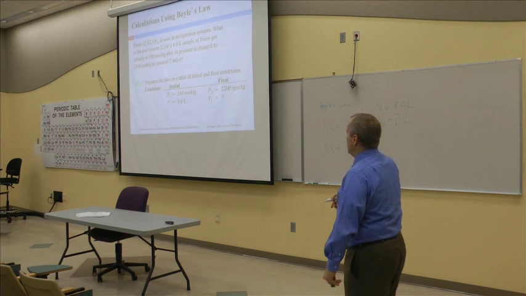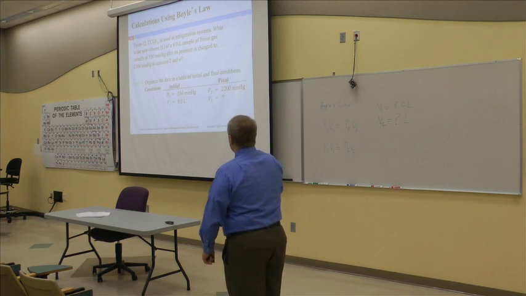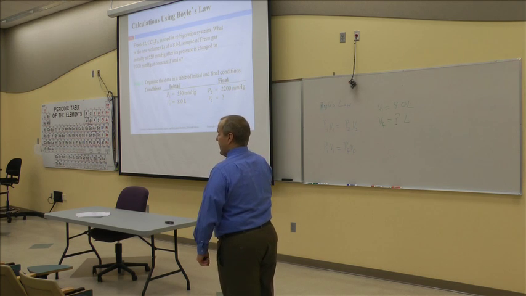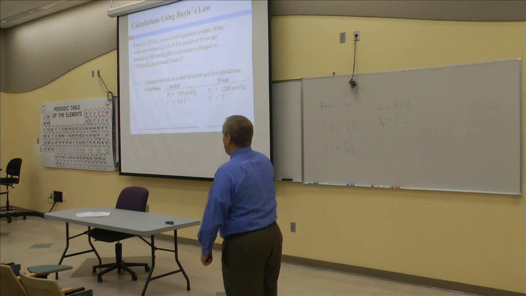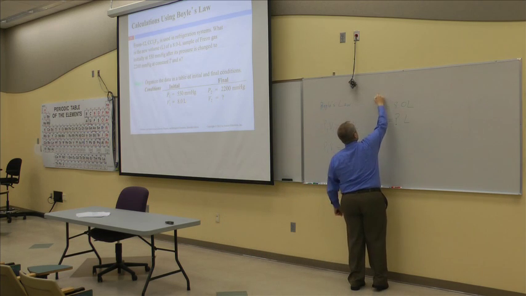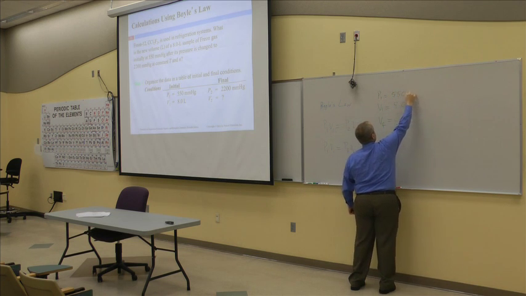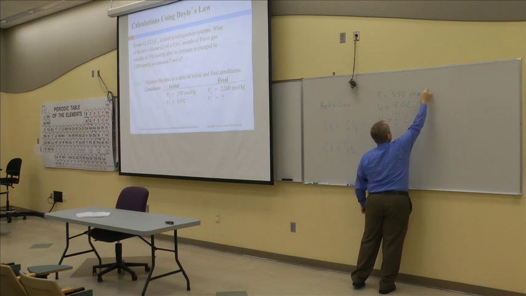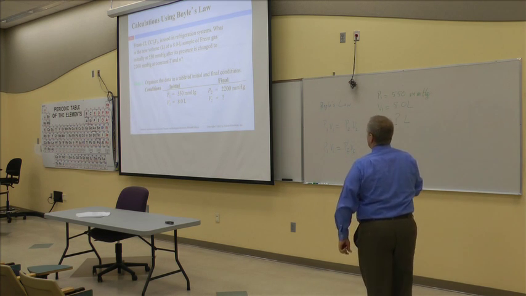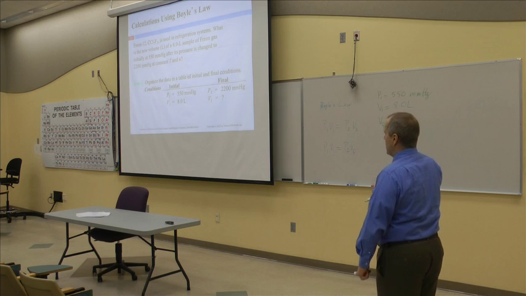Now, let's keep reading here. The Freon gas initially, so PI, the first pressure, is 550 millimeters. The first pressure was 550 millimeters of mercury.